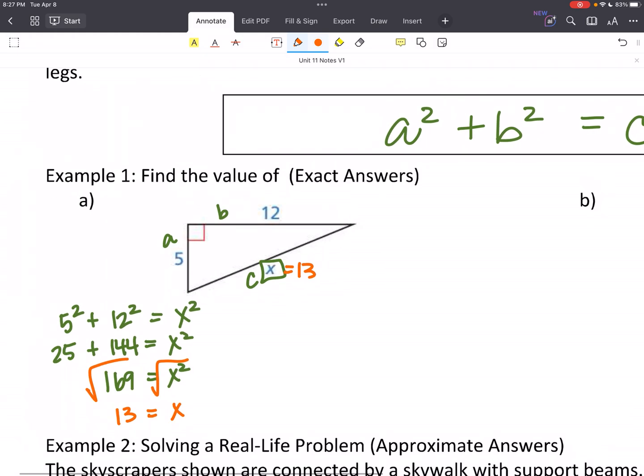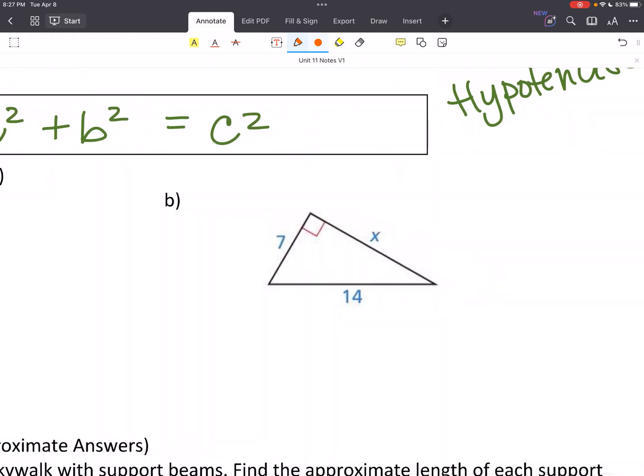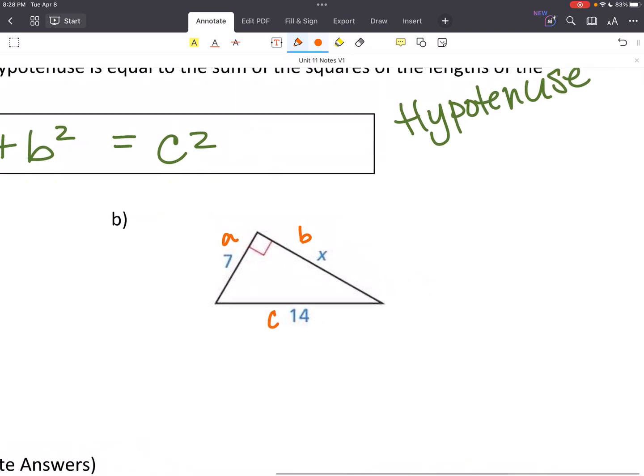Okay, let's go to B. We're going to label our hypotenuse first. 14 is our hypotenuse because that's our longest side across from the 90 degrees. And then the other two sides are A and B. Now we're going to substitute in, so we have 7 squared plus x squared is equal to 14 squared.